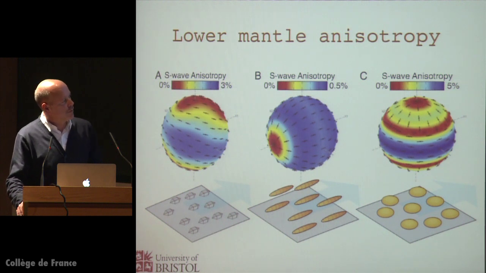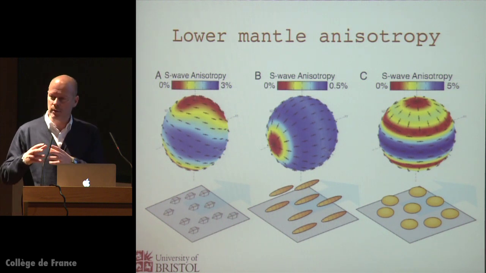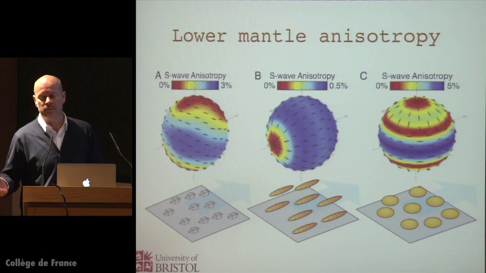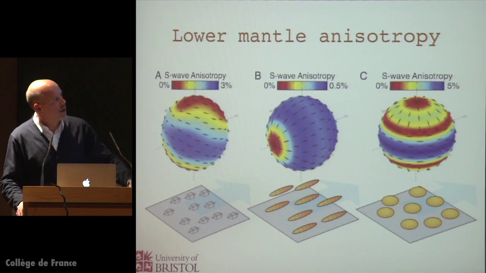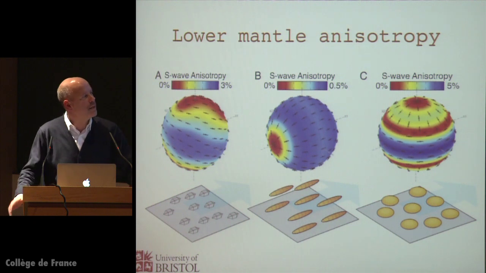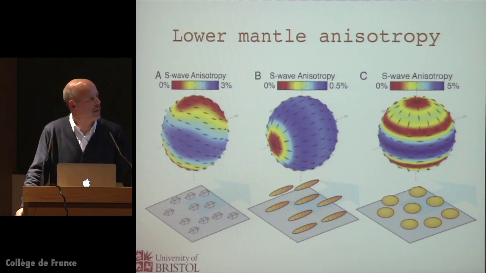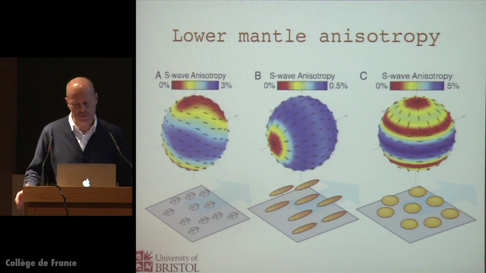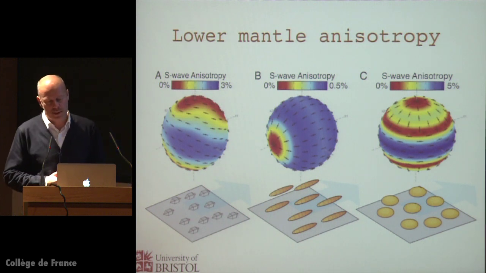If we look at the case where we've got aligned inclusions of melt in tubular cylindrical inclusions, we get much lower amounts of shear wave splitting, much lower amounts of anisotropy. And then on the far right, if we have aligned sheets of tabular inclusions of melt, it's very effective at generating anisotropy, in this particular model up to 5%. So it gives you an idea of the types of things you can test.